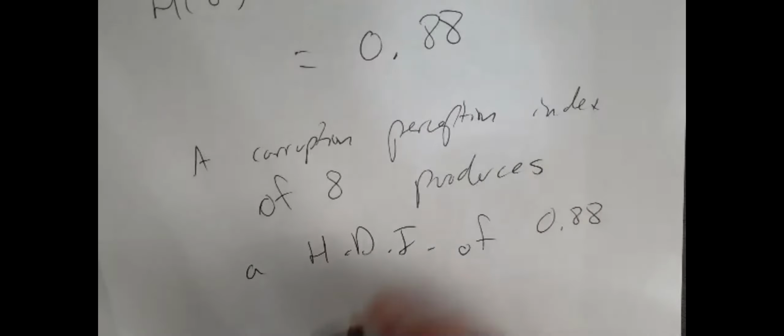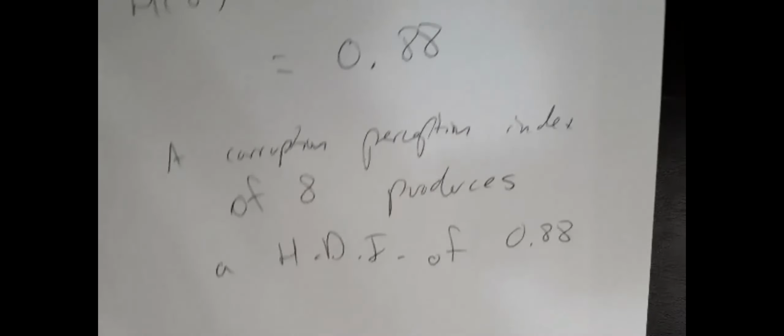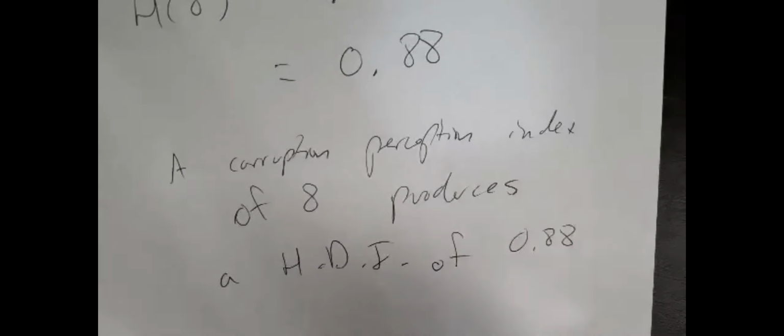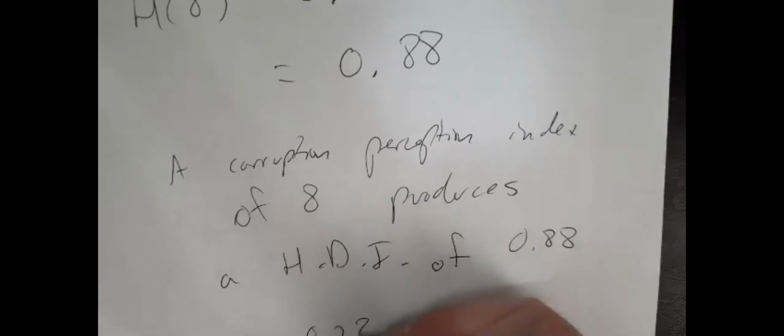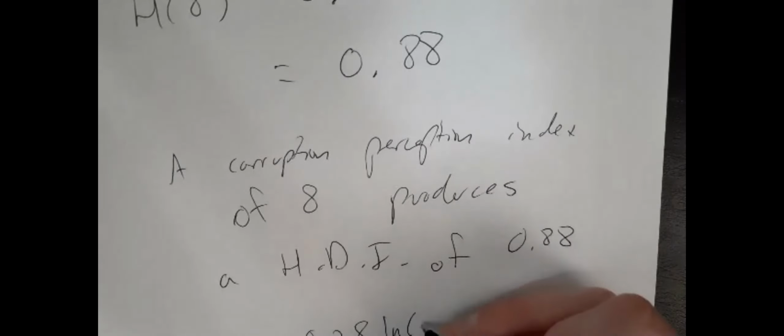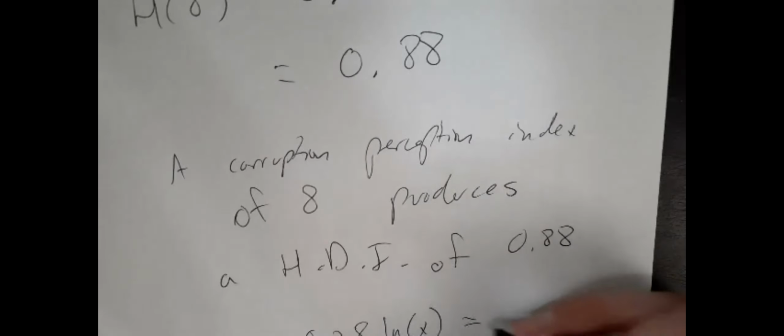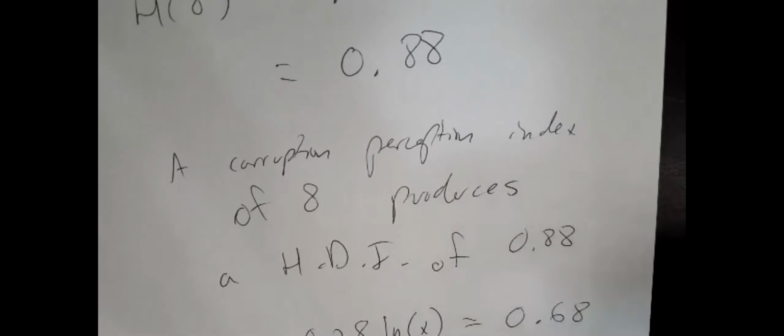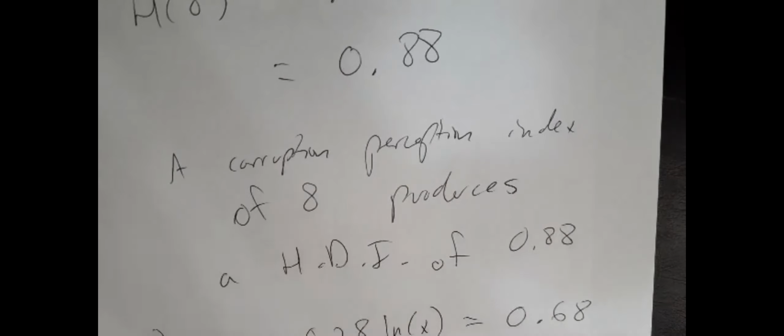Now we're setting this thing equal to 0.68, and we're back solving it. So 0.3 plus 0.28 ln of x equals 0.68, the value that they gave us.